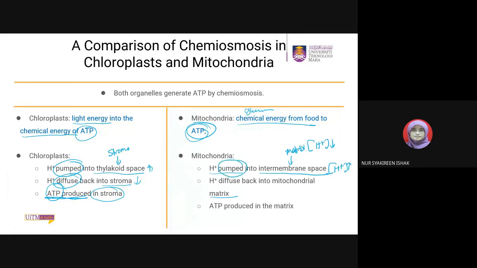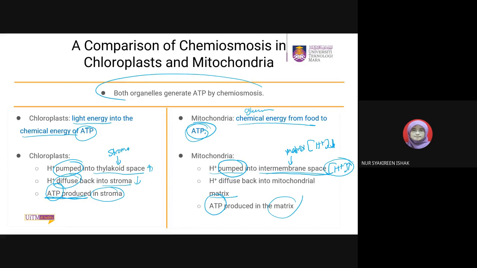So the process is active transport from low to high. So the intermembrane space, when you have a high concentration of hydrogen ions, diffuses back into the mitochondrial matrix through ATP synthase. So ATP synthase synthesizes ATP in the matrix. Okay, so that is the similarity and differences between chemiosmosis that occurs in chloroplasts and also mitochondria.